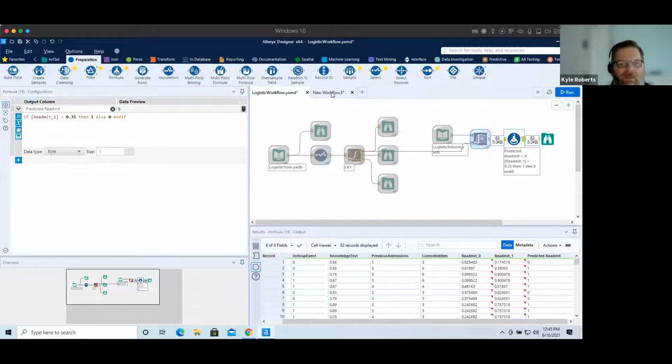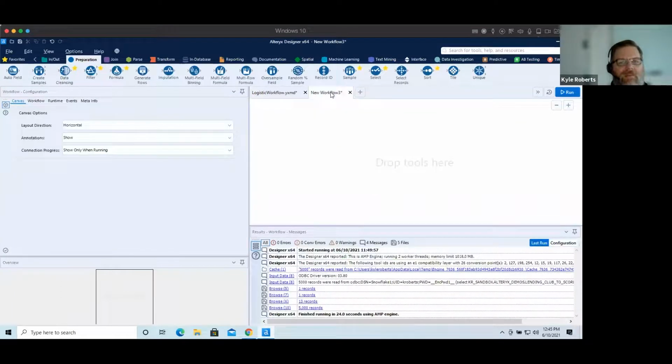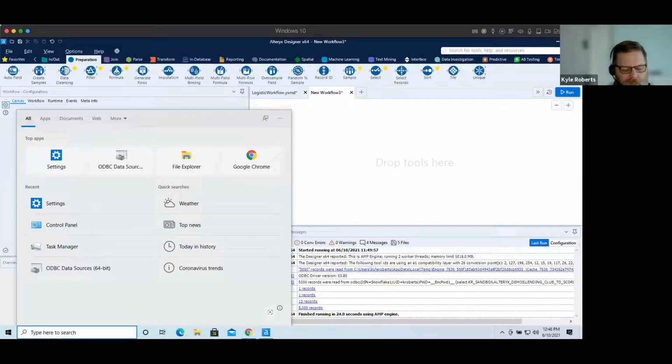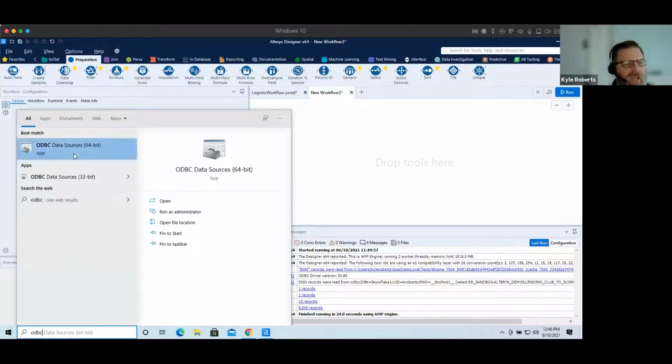All right, we've got 15 minutes left, and I want to make sure we get to Snowflake, because this is the fun stuff. Although that's fun too. Let's access Snowflake. The first thing I want to add is that you do have to set up your ODBC connection. The easy way is to type ODBC in the search and look up your data sources, for the 64-bit.